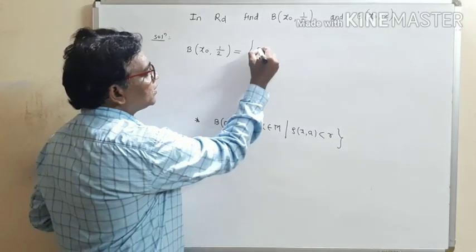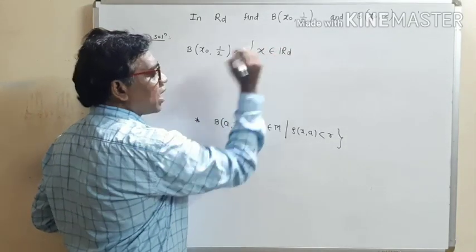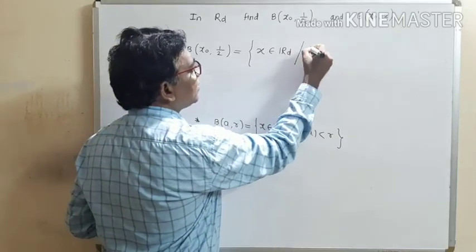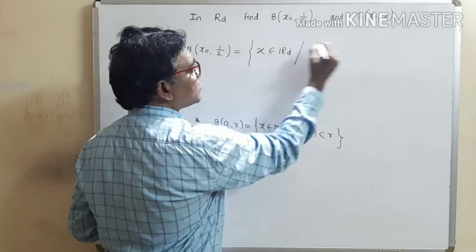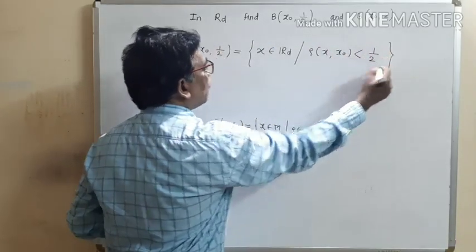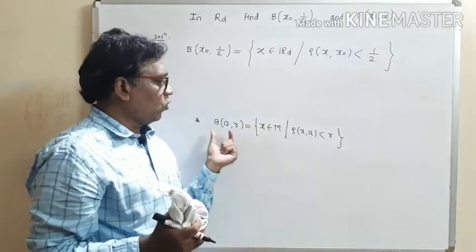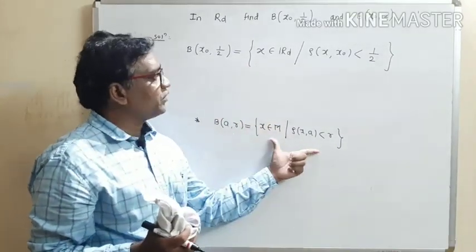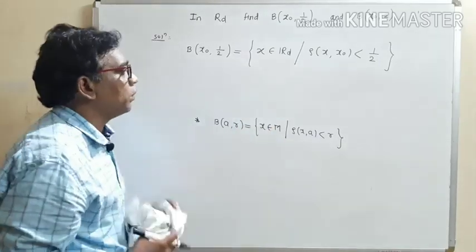This is equal to the set of all those elements in the metric space RD such that distance between this x and this center x0 is less than radius 1/2. This is according to the definition of open sphere.